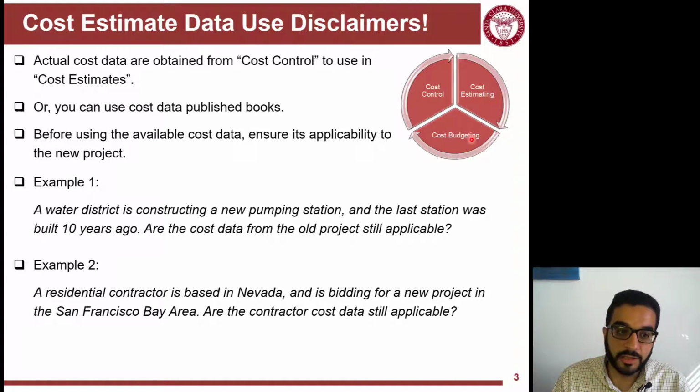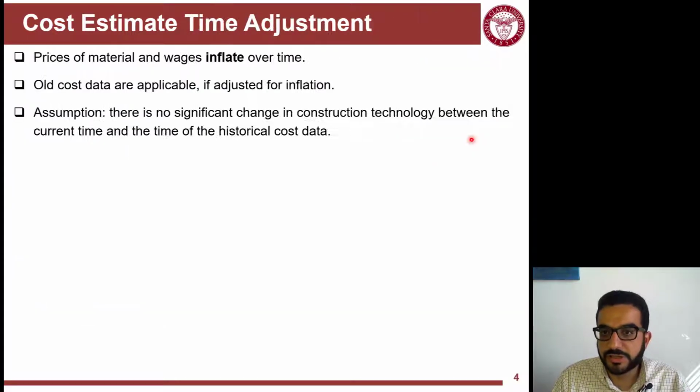Building in the south or the Central Valley in California is completely different than building the same thing in San Francisco Bay Area or Los Angeles. So you have to adjust your cost estimates to account for two main things here: the time adjustment and to adjust for the location.